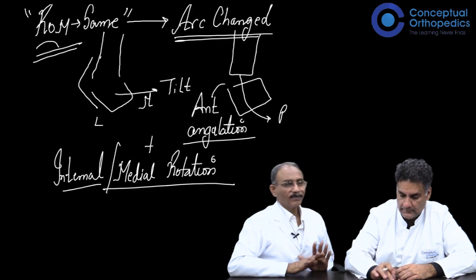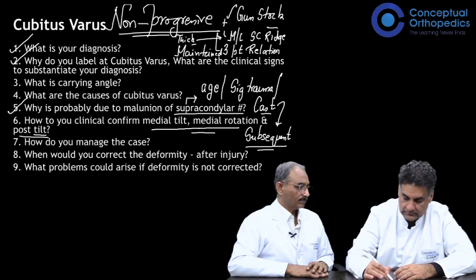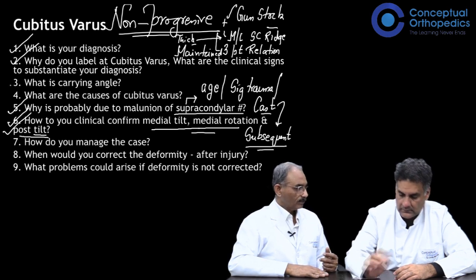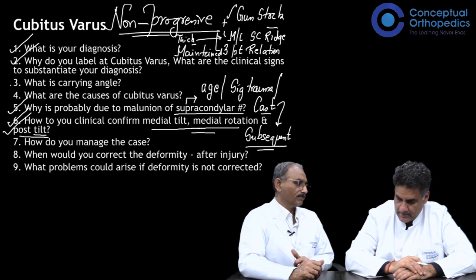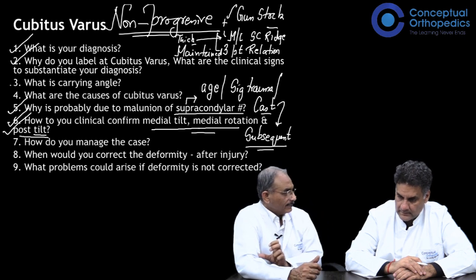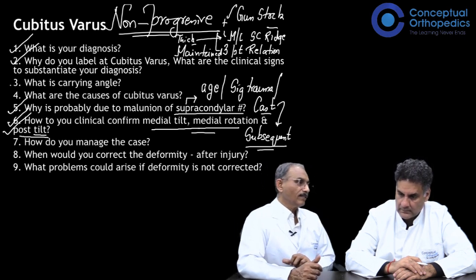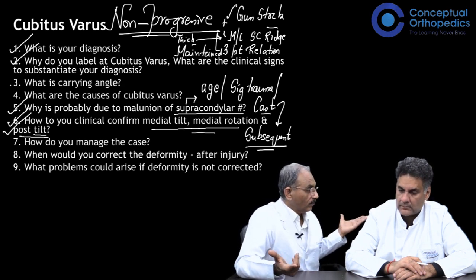That's clear? Now, how does the rotation manifest? When you check for this tilt, what happens? The rotation is in this plane, it is rotated internally. So, how do you check for it? It is above the joint, so there is nothing at the joint that you can check for rotation.